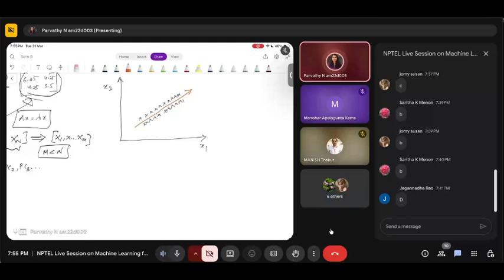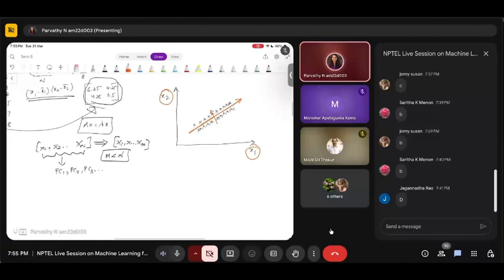Not this direction. In this direction it doesn't vary most, but in this direction it varies most. And this line is a combination of x1 as well as x2. That's what I meant by some combination of different features being PC1, PC2, PC3.